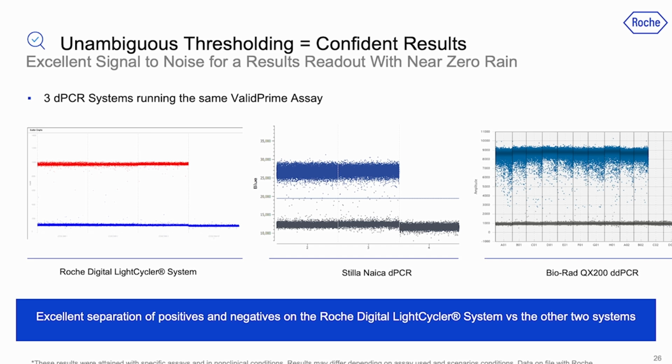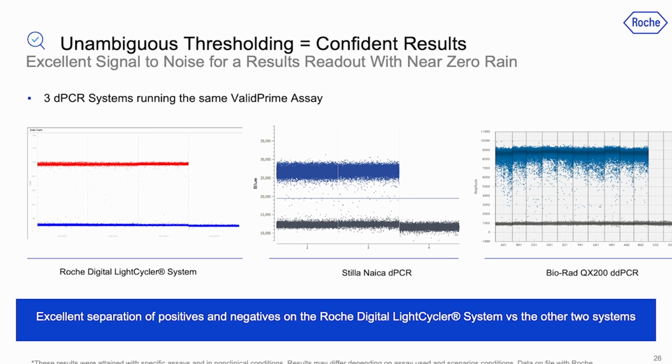What I hope you can appreciate from these 3 different scatter plots, using the same valid prime assay, is that the Roche Digital LightCycler system has really nice cluster separation between the positives and the negatives. It has a tighter positive cluster and a tighter negative cluster, and also very little range compared to the other 2 systems.